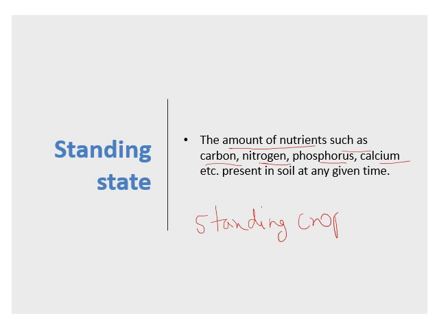Children, standing crop is the amount of biomass which is present in soil. So never get confused between standing crop and standing state. Standing state is the amount of nutrients present in soil, and standing crop is the amount of biomass which is present in soil.